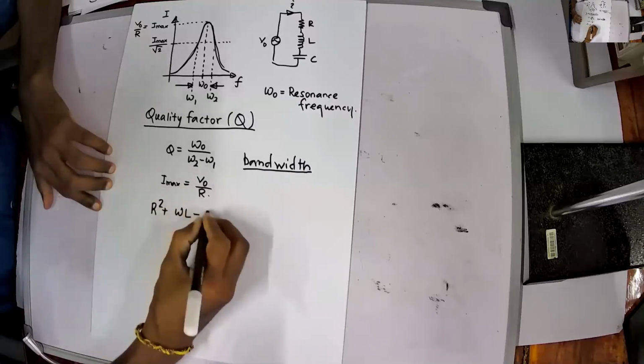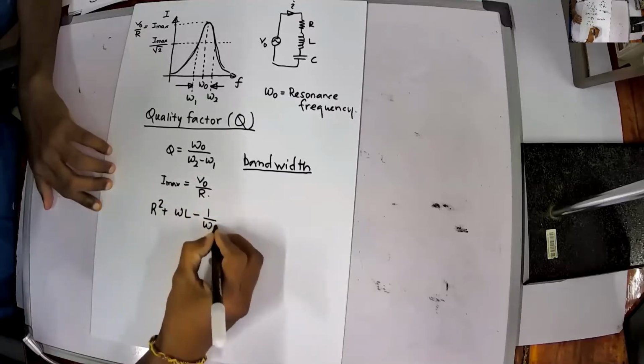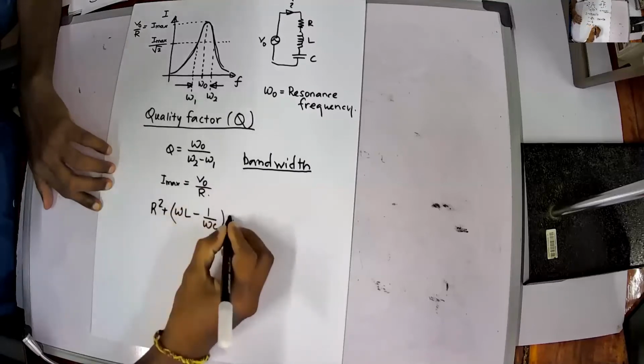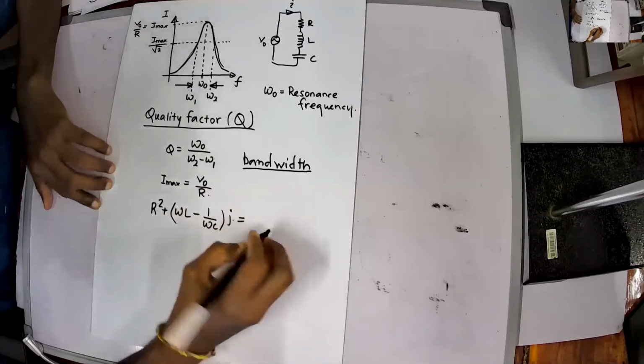Omega L minus 1 over omega C into J equals, right?